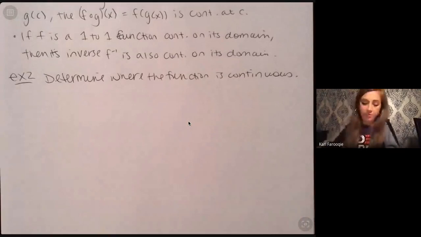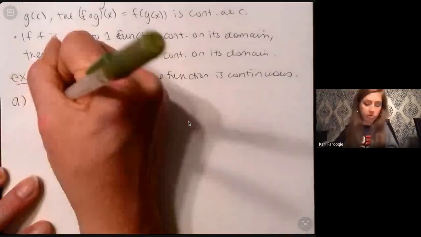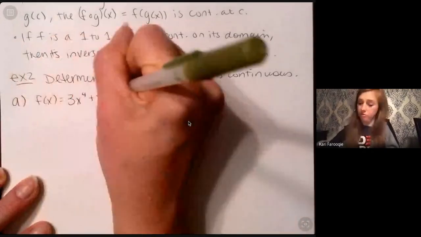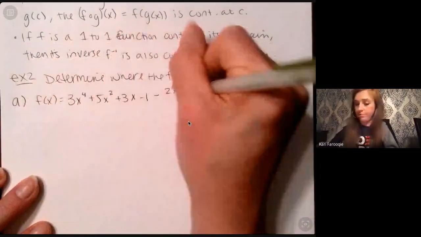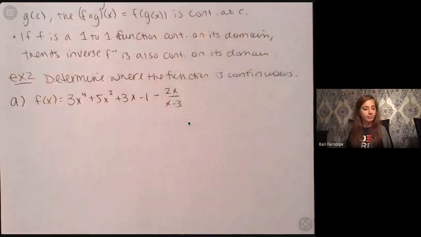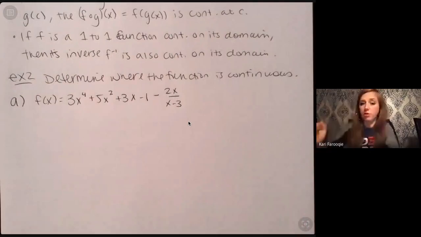So A is going to be f of x equals 3x to the fourth plus 5x squared plus 3x minus 1 minus 2x over x minus 3. Now, I just gave you a theorem that said that a polynomial function is continuous on its domain, which is all real numbers.